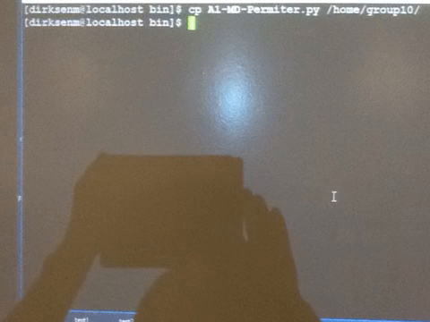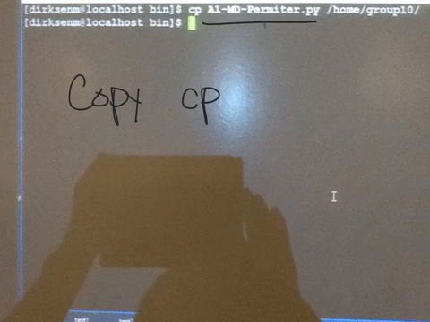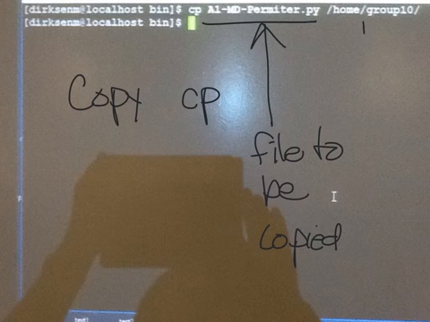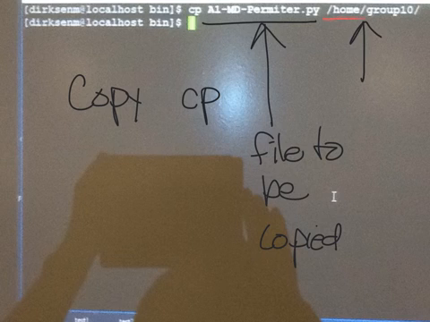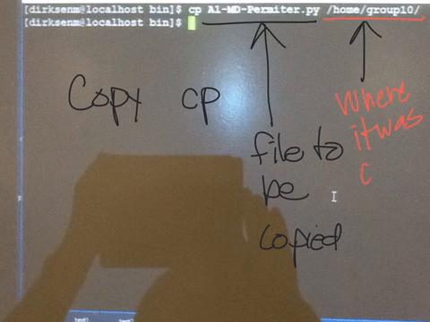One more slide. This slide shows how we did a copy, CP, and then we had here, this was the file to be copied, and that is where it was copied.